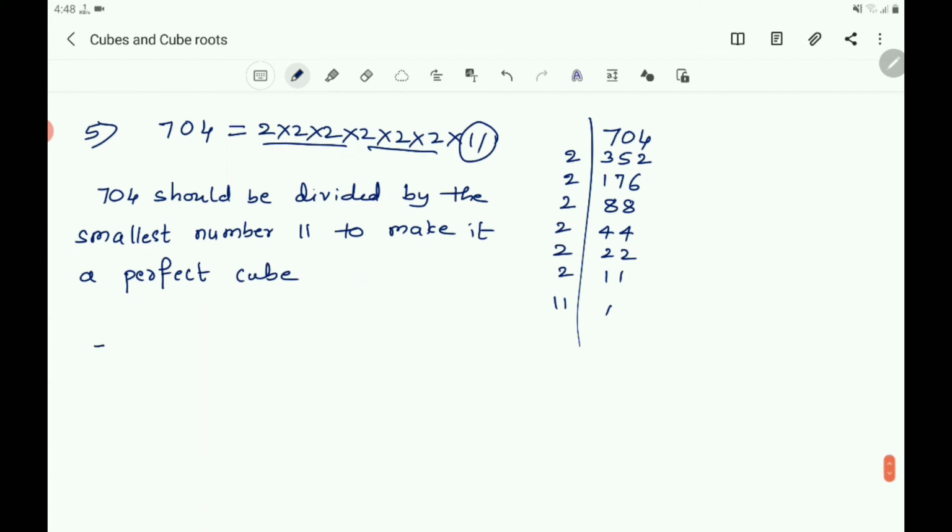Then you take that number 704 and divide by 11. 11 6s are 66, 4 is remaining, 44, 11 4s are 44.